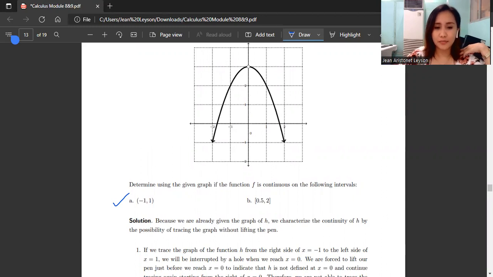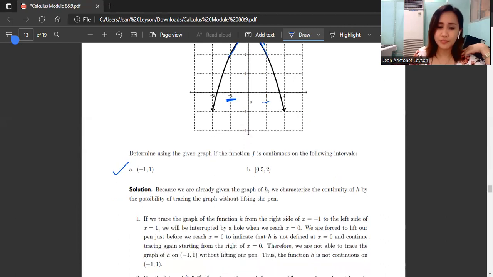For letter A, again, -1 is right here, 1 is right here. If we draw our graph, we need to stop at 0 since we need to draw this circle right there, meaning that's not included. Then we go back going to 1.